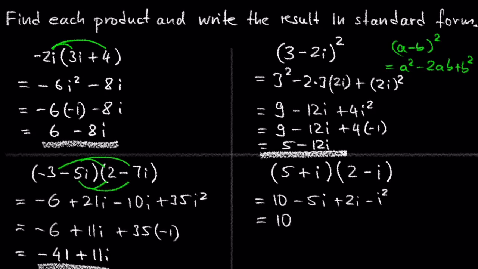Negative 5i plus 2i is negative 3i. And negative i squared is negative 1... so 10 plus 1 is 11. So we get 11 minus 3i, and we are done with this problem.